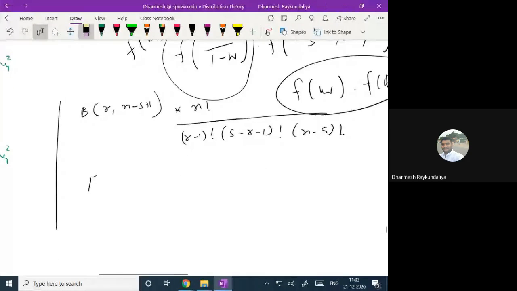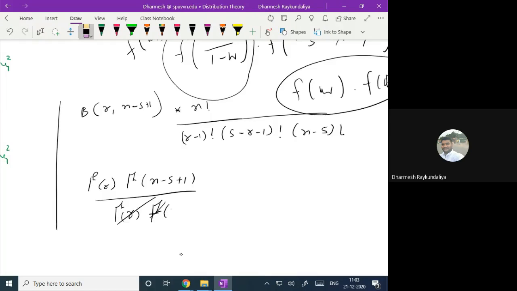Now beta r, n minus s plus 1 is nothing but gamma r into gamma (n minus s plus 1) upon gamma (r plus n minus s plus 1). You have n factorial.